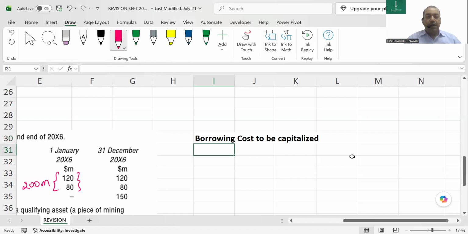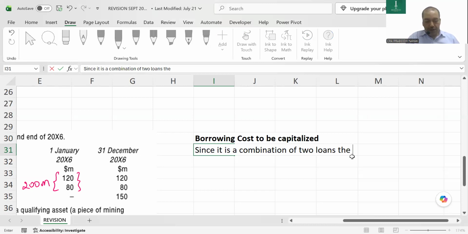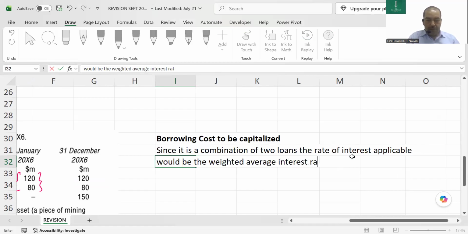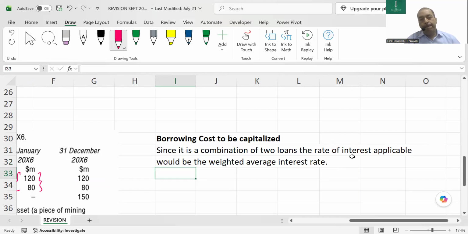Since it is a combination of two loans, the rate of interest applicable would be the weighted average interest rate.